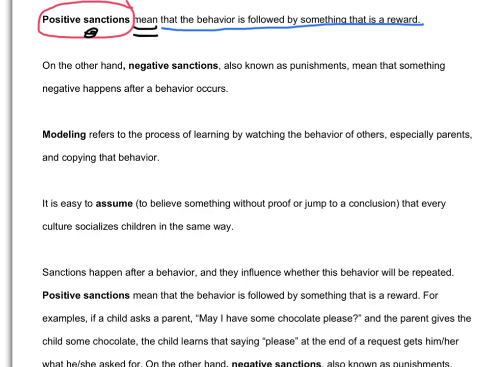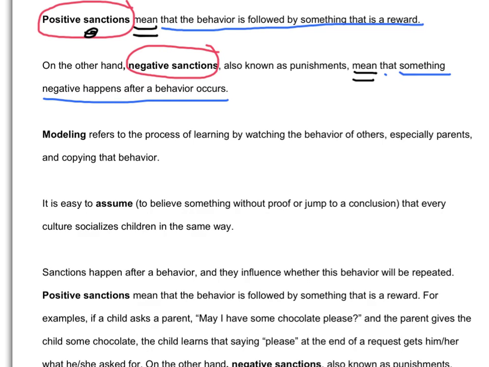Let's look at the next example. On the other hand, negative sanctions, also known as punishments, mean that something negative happens after a behavior. So our key term is negative sanctions. Our linking word is mean. And the definition is something negative that happens after a behavior occurs.